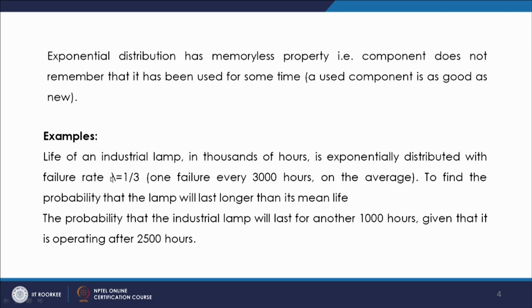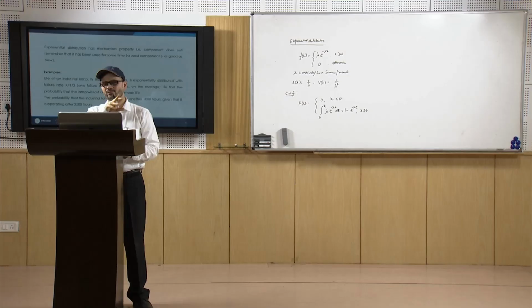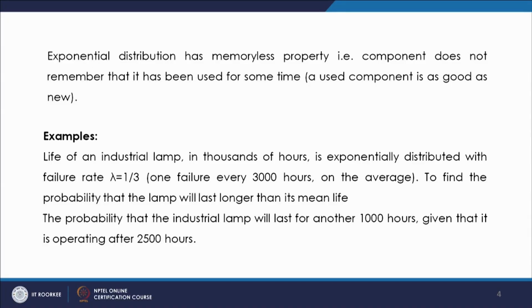So, lambda is given and this is exponentially distributed. We need to find the probability that the lamp will last longer than its mean life. We will find the probability that it will not last longer than its mean life, and then subtract it from 1.